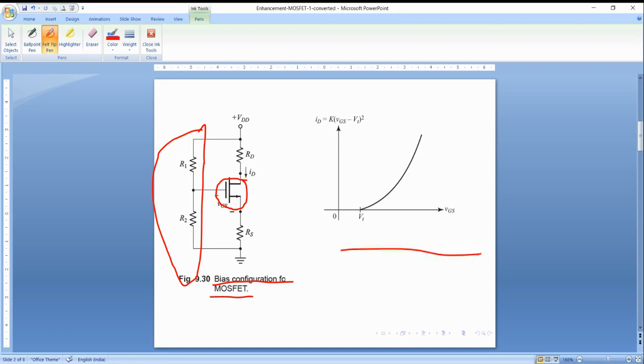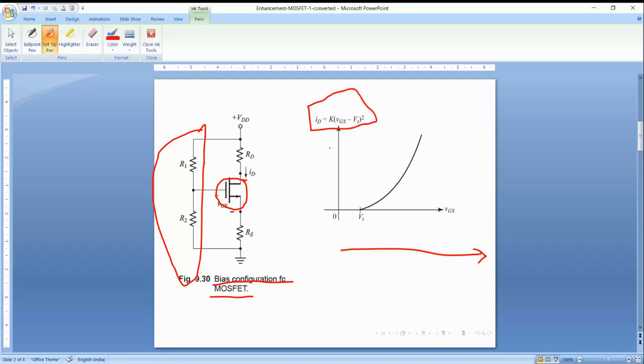And this figure shows the transfer characteristics of an N-channel MOSFET. In an enhancement MOSFET, you can see the transfer characteristics are very much different from the JFET or depletion MOSFET, and the current ID is also different.